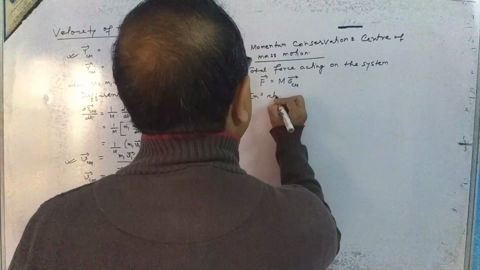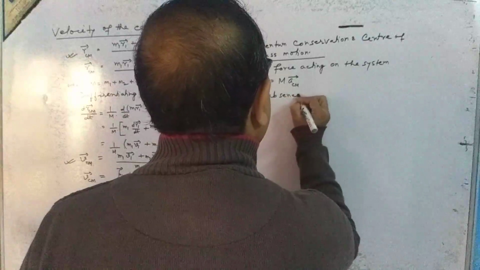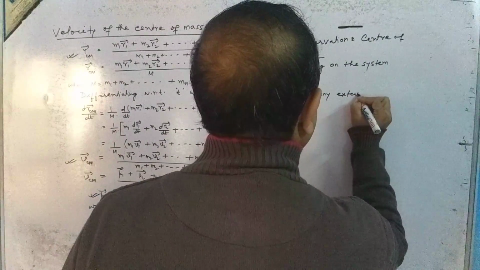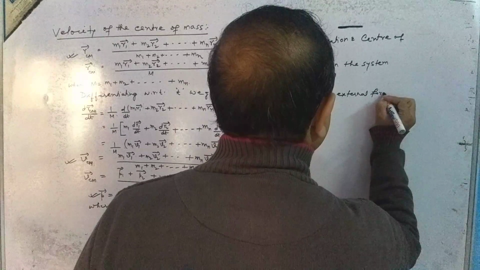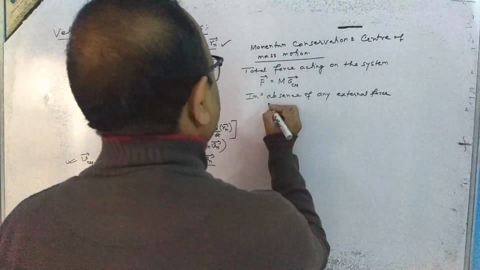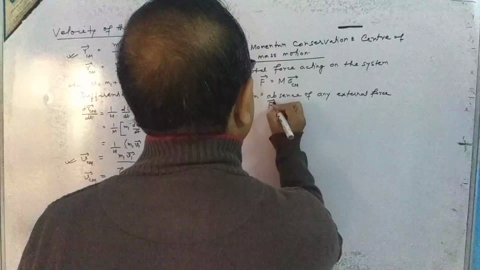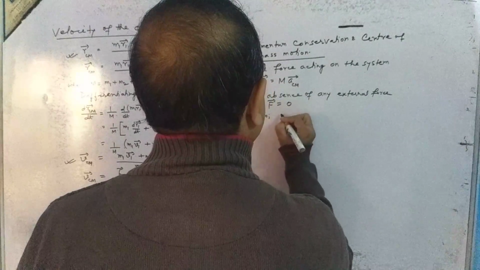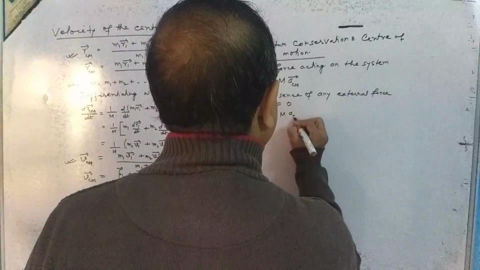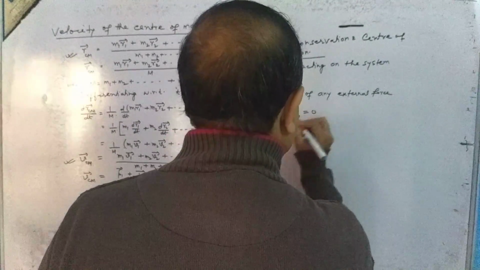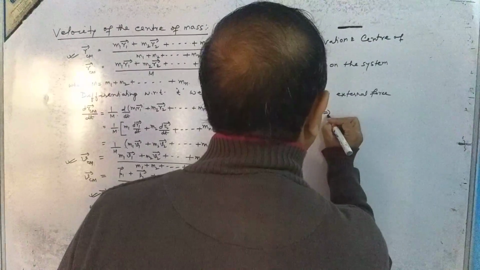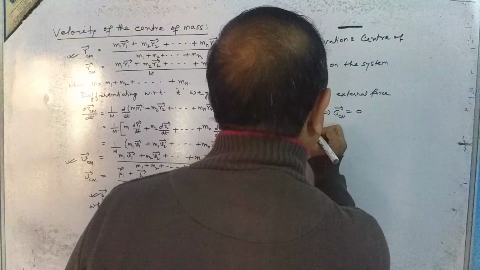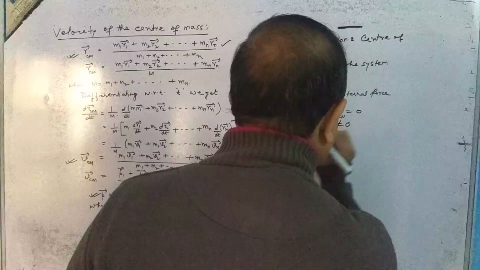Now I write, in absence of any external force. If I consider the absence of any external force, F vector is equal to 0. So M into A_CM vector is also equal to 0, which implies A_CM vector is equal to 0 as M cannot be equal to 0.